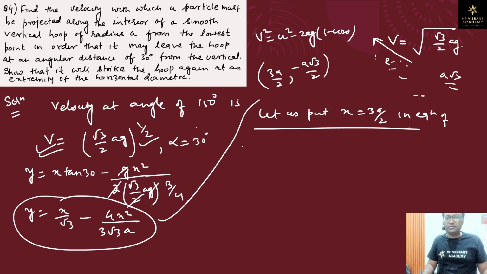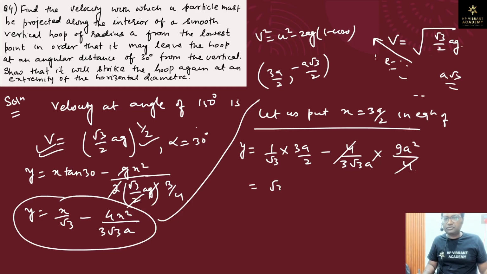Okay, so we have y is equal to 1 upon root 3 into 3a upon 2 minus 4 upon 3 root 3 a into x square, 9a square upon 4. So we have this as root 3 a upon 2 minus, this is 3, this gets cancelled to root 3 a. Okay, so y is equal to minus root 3 a upon 2.